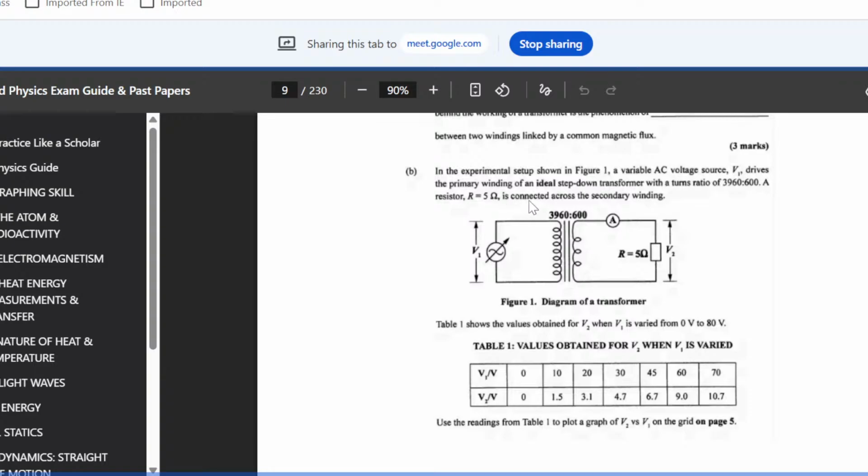And they give you a resistor which is connected across the secondary windings. So you're given a table with the values for V1 and V2, and then you would have to plot that graph.